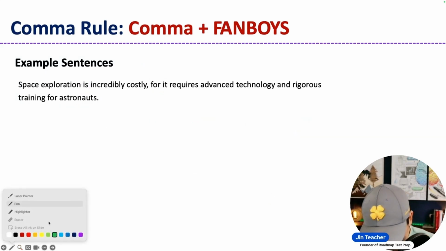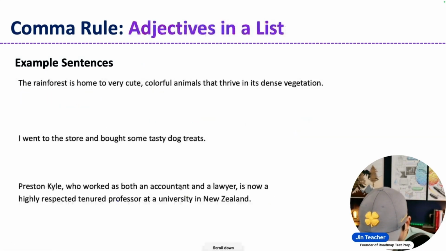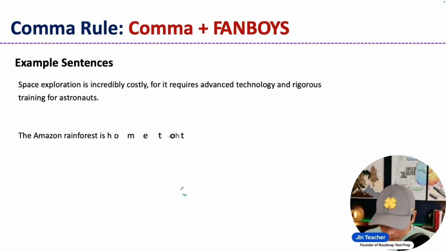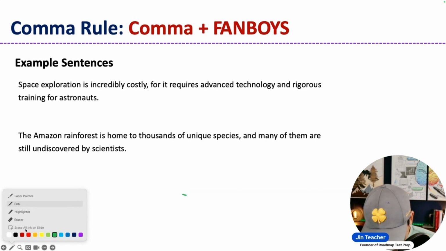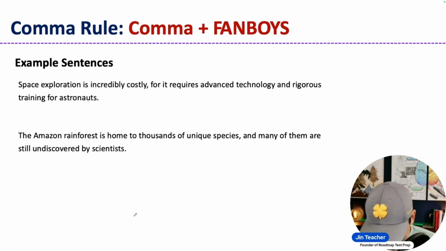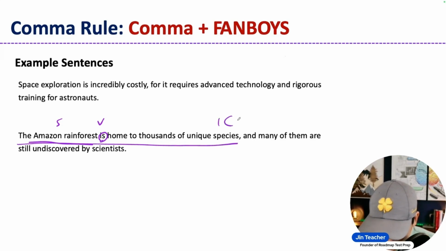Okay, so looking at another example here, it's also long. The Amazon rainforest is home to thousands of unique species. The Amazon rainforest is my subject, is my verb. This is where my complete thought ends.